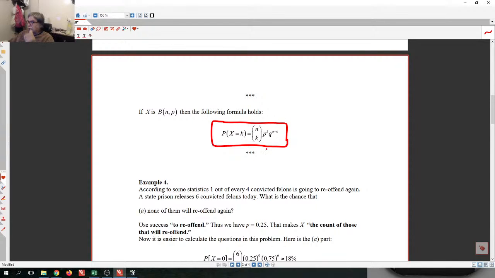So the formula states like that: if x, the random variable, is binomial, which is this notation, you have two important parameters to know about. The first one is the number of trials, and the second parameter is the probability of success on any given trial. So this is how you calculate the probability that x is some particular number, like 2, 3, or whatever.